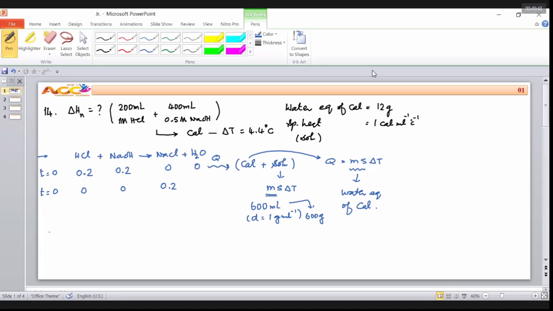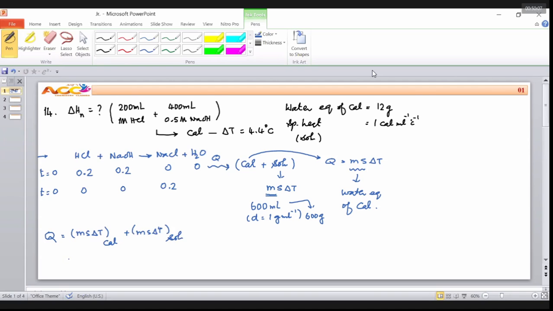Come on, start the story. Total amount of heat energy released in case of 0.2 moles of HCl making neutralization with 0.2 moles of NaOH to form 0.2 moles of salt is equal to m s delta T of calorimeter plus m s delta T of solution.